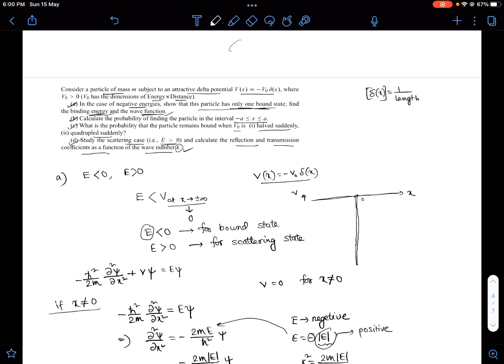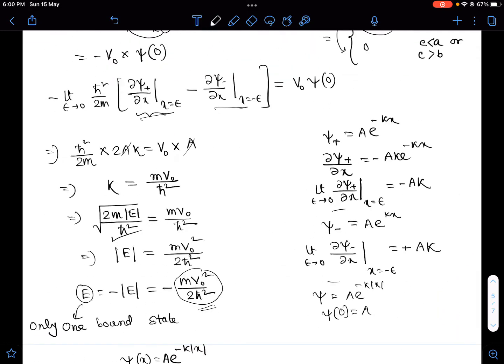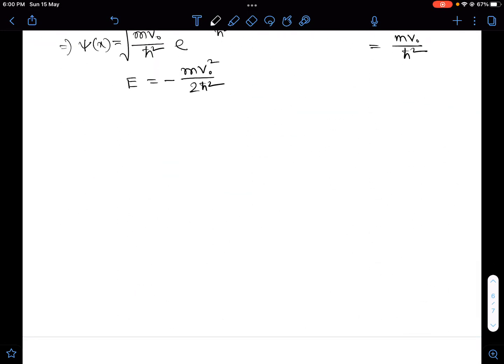So in the second part we have to calculate the probability of finding the particle from minus a to a. So that we can easily find out.